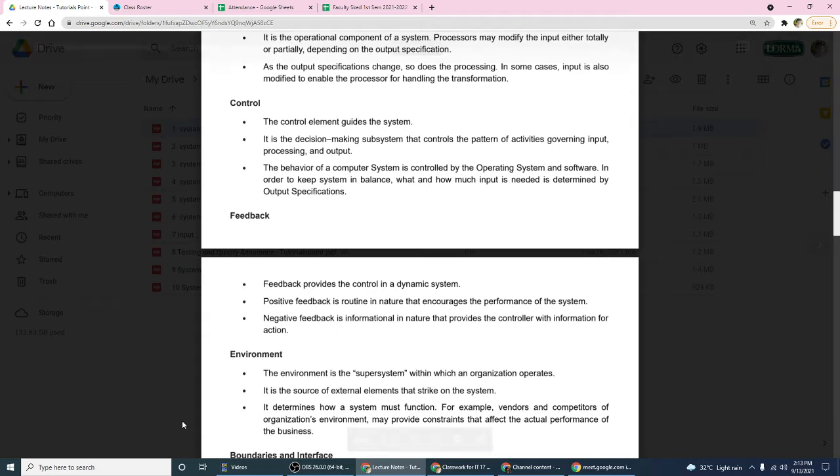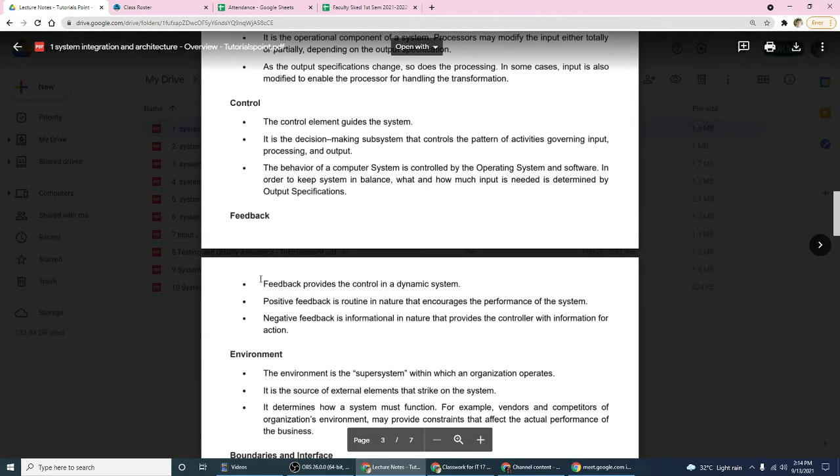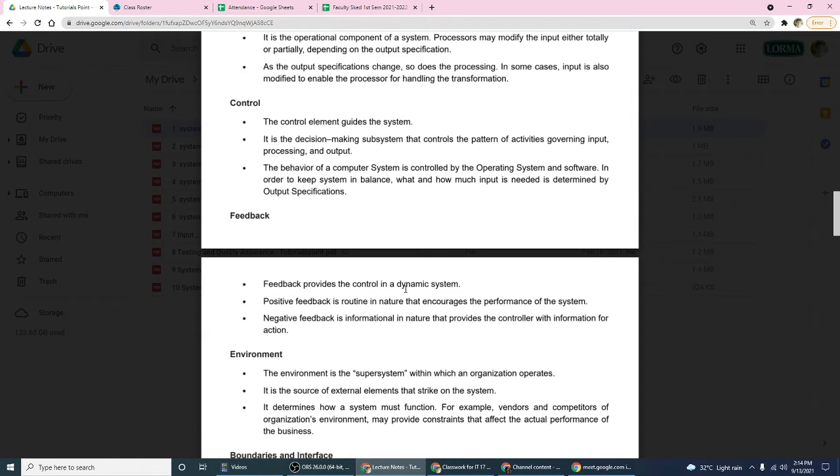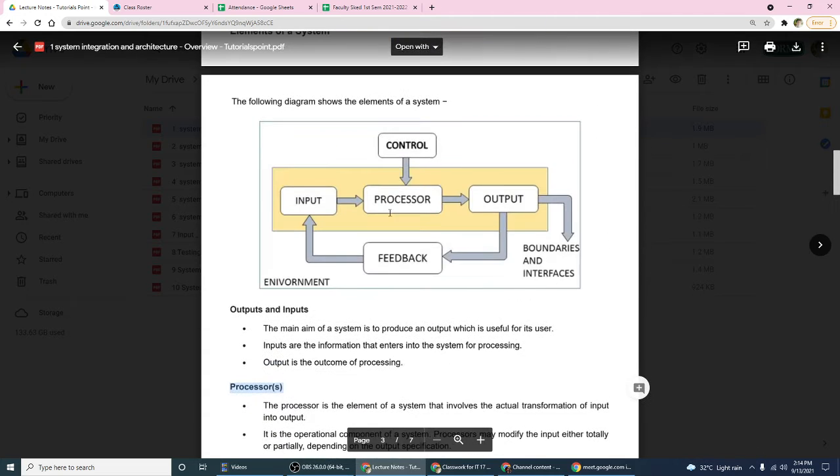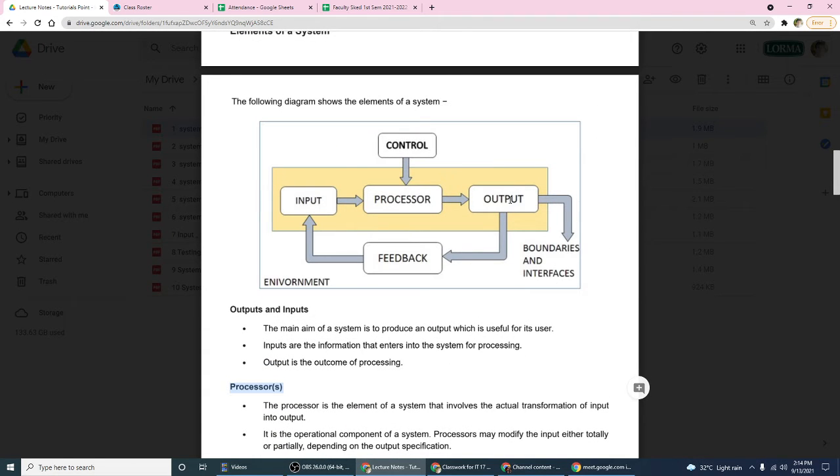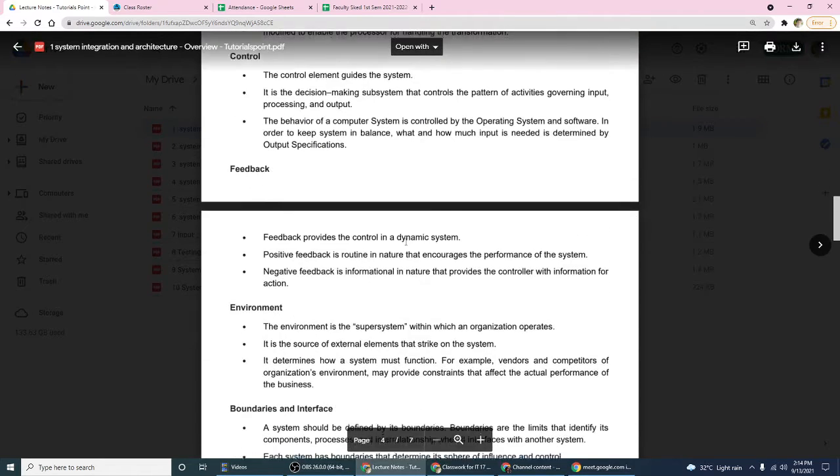But in case there are some corrections, then it will go back to the input. So if you have any correction in your system or any additional features in the system, then it will go back to the input again. So that is the feedback.